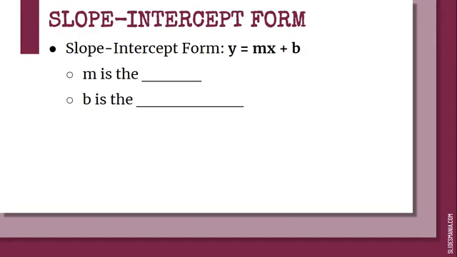The m and the b are going to be numbers, where m stands for your slope and b stands for the y-intercept.